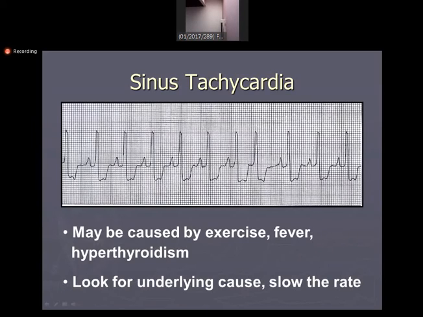In 6 seconds, the heart beat 11 times. In 60 seconds, what will you do? You will multiply it by 10. Heart rate comes out 110 per minute. It is tachycardia. Now, what will you say? This is a sinus rhythm which is showing tachycardia with some other abnormality as well. So this is a sinus rhythm, but the ECG is showing tachycardia.